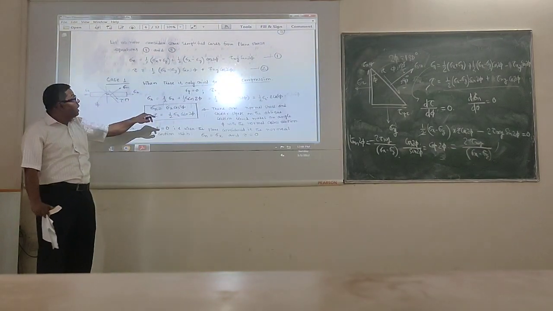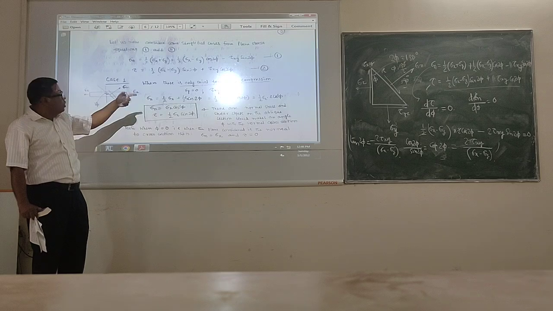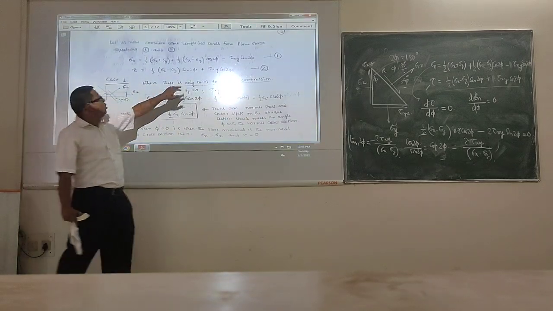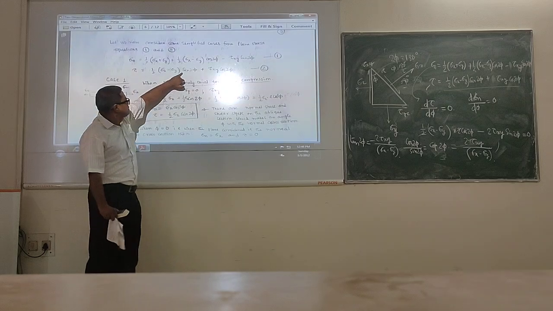In a similar way, if you make sigma y equal to 0 and tau xy equal to 0, you get tau equal to half of sigma x sin 2 phi.